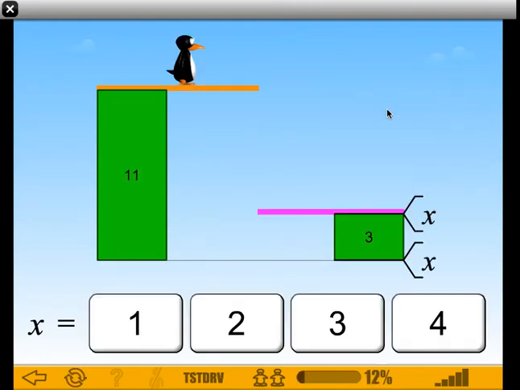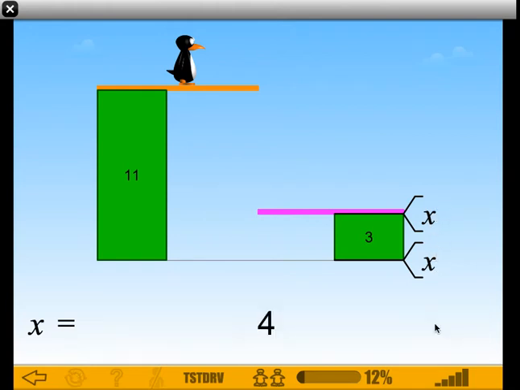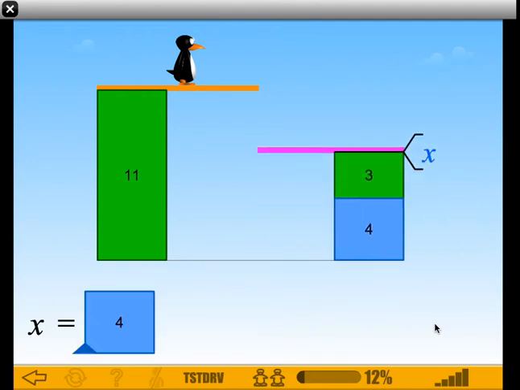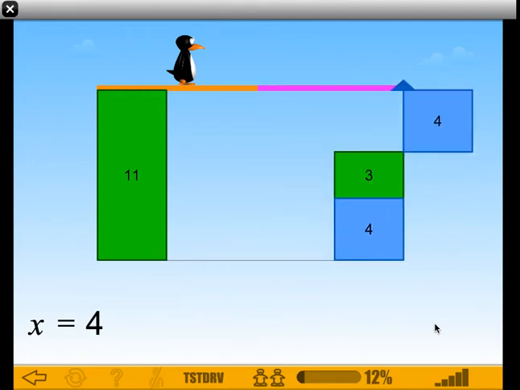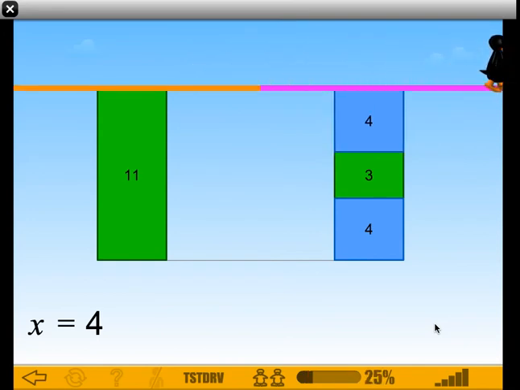There you go. Okay? Again, we have 11, take away 3 is 8. So we have x has to have a value that will be multiplied by 2 or be added twice. So we have 4. So 4 plus 3 plus 4 equals 11.